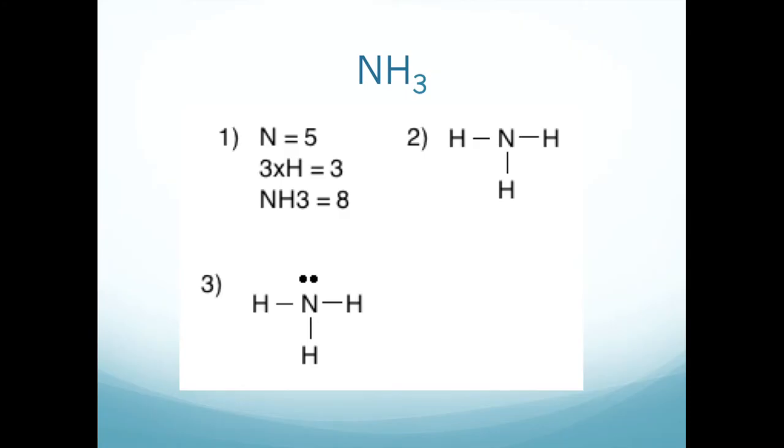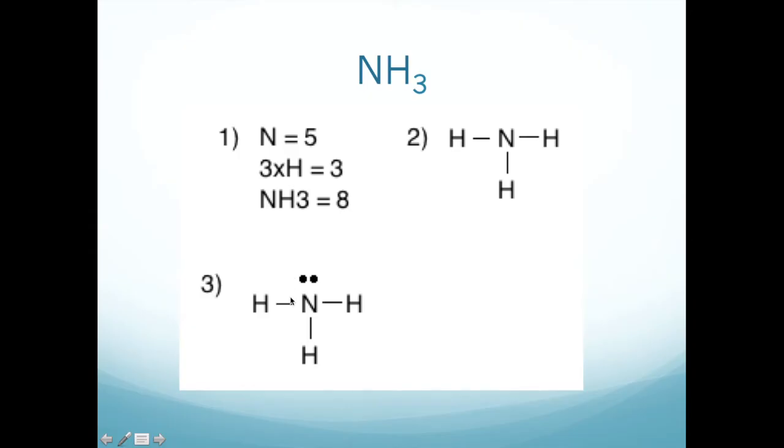Hydrogen's in group 1, so each hydrogen has 1 valence electron when it's a hydrogen atom. And since there are 3 hydrogens in our formula, NH3, 3 times 1 is 3. So the formula NH3 should represent 8 electrons: 5 valence electrons from the nitrogen and 3 from our 3 hydrogens.